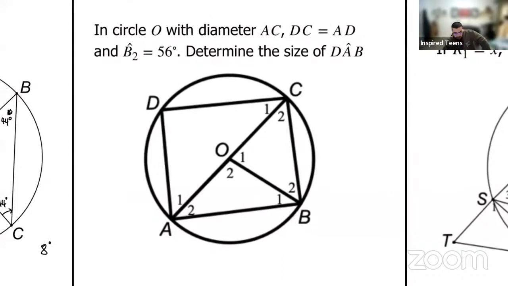If the diameter is AC, here we can just assume that O is our center. They're not examination questions, so they didn't specify, but we'll go through that. That's another concept that we'll discuss.